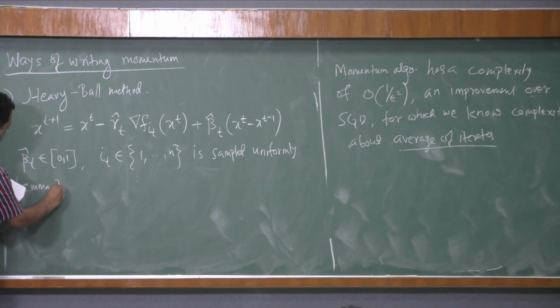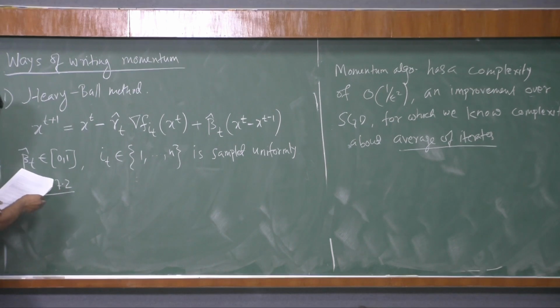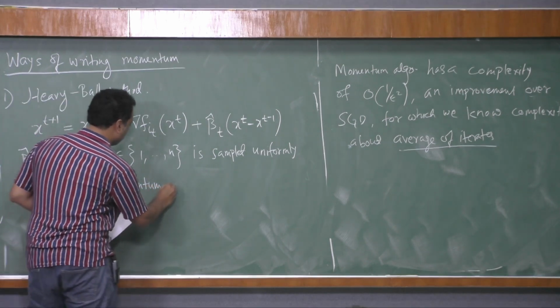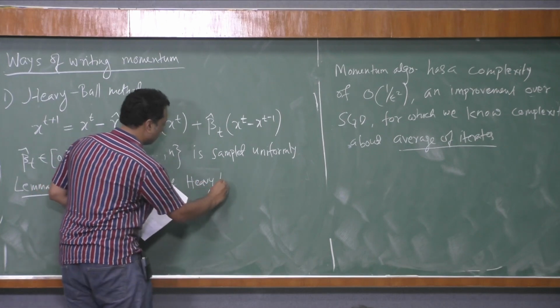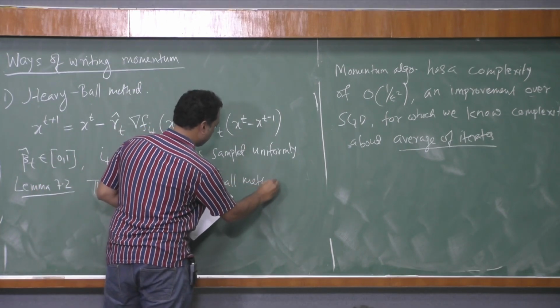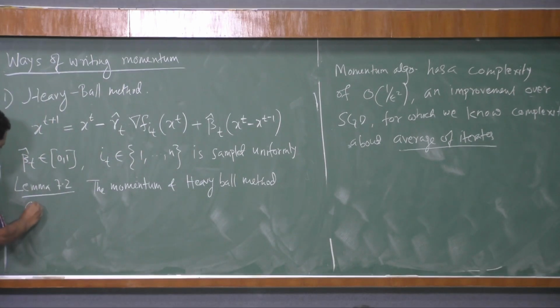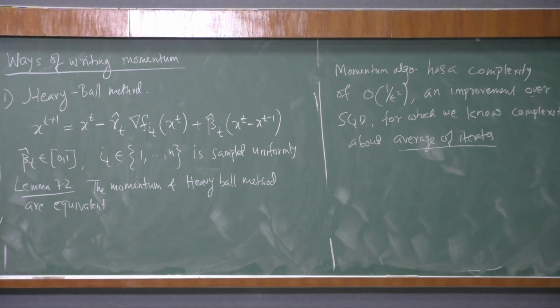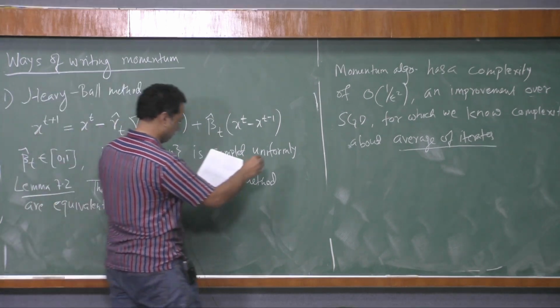Lemma 7.2: the momentum and heavy ball method are equivalent. I use the same equation numbers as the notes so that you can verify later on, and let us say this is equation number 59.